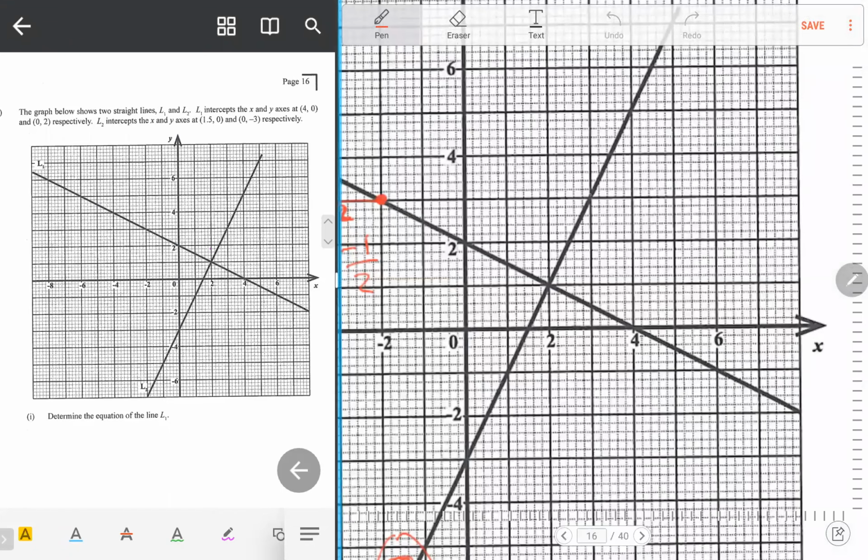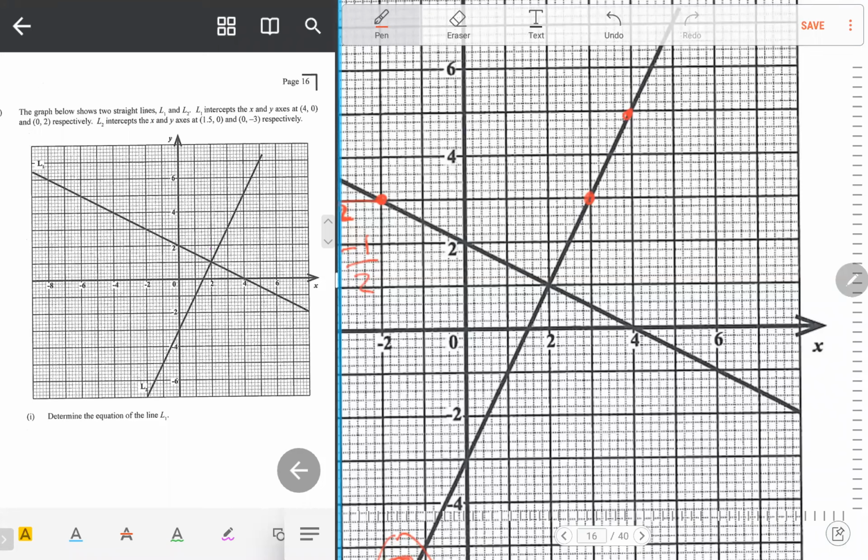Let me use this point and this point. Using these 2 points, you don't have to use the 2 that I use. I'm just choosing any 2 points to show you. Any 2 points you choose to use, it will work. But I'm using the 2 closest points I can find.